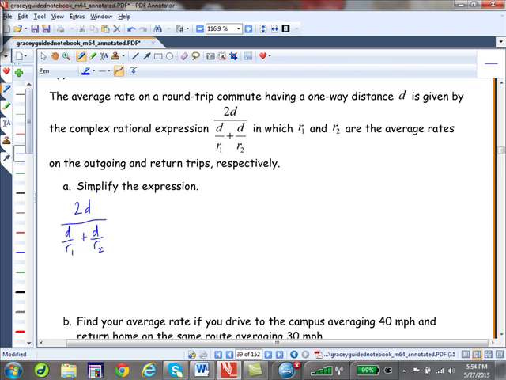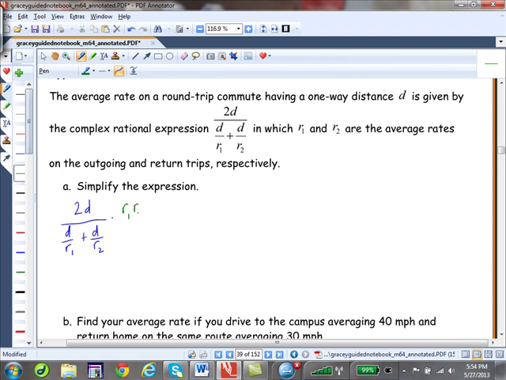So since I did the last example using the first method, I'll use the second method for this one. So do you see that the numerator doesn't have anything in a denominator. It's 2d over 1. So r1 times r2 represents the LCD of all denominators.